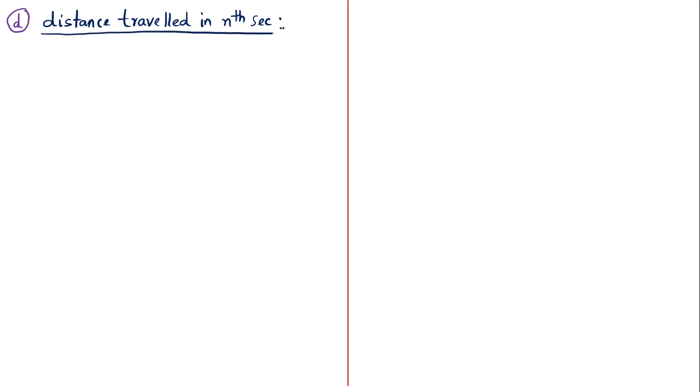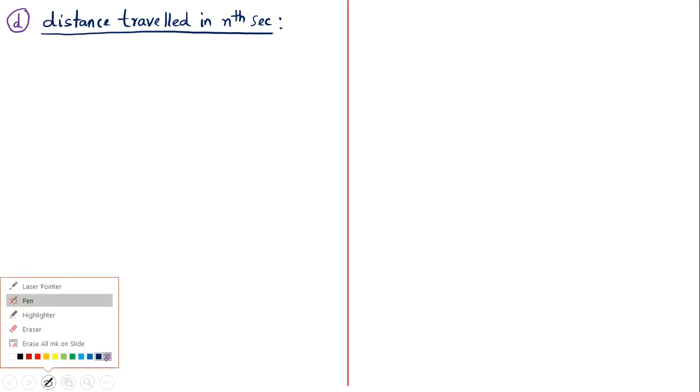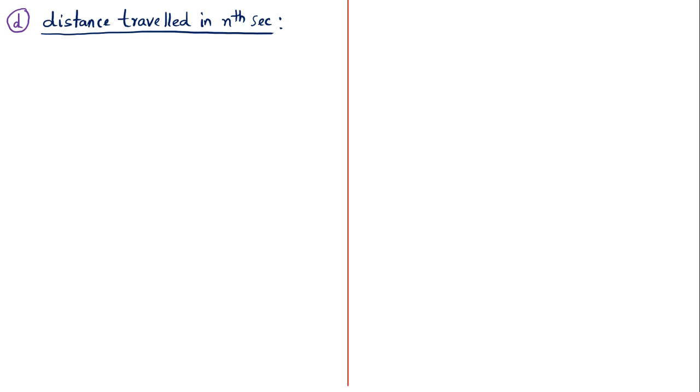Okay, clear? So how to derive this one? We know that the distance covered s at a particular time is equal to ut plus half at square. This is the formula for distance traveled.